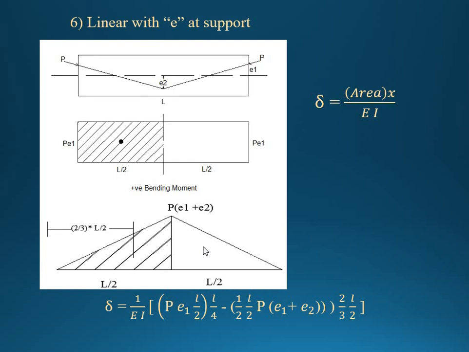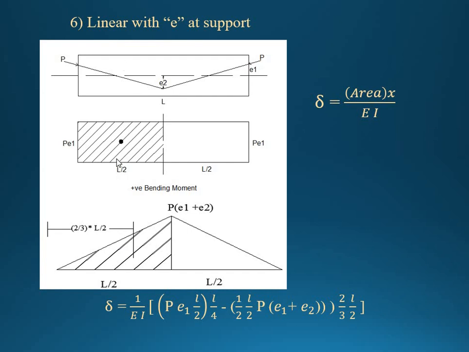And again, this point is important. Here the maximum bending moment for the second variation is P into E1 plus E2. Don't forget this. This is very important. The centroidal distance is 2 by 3 into L by 2. Now add both the areas.